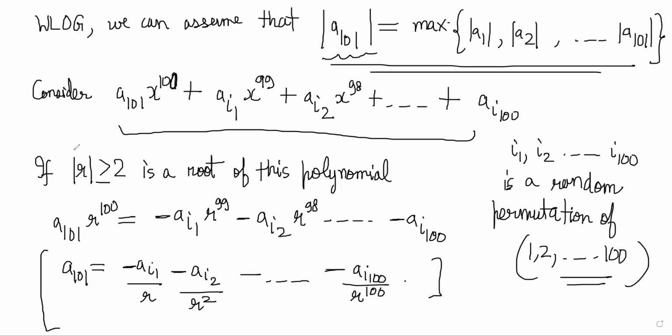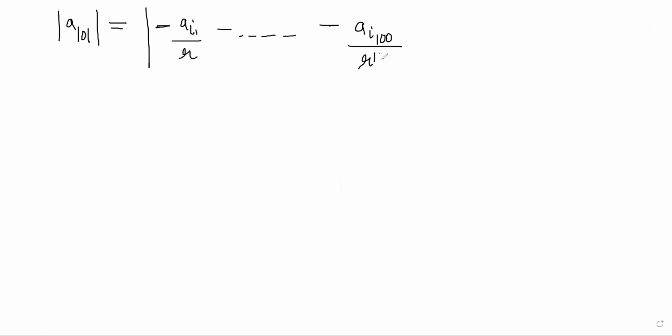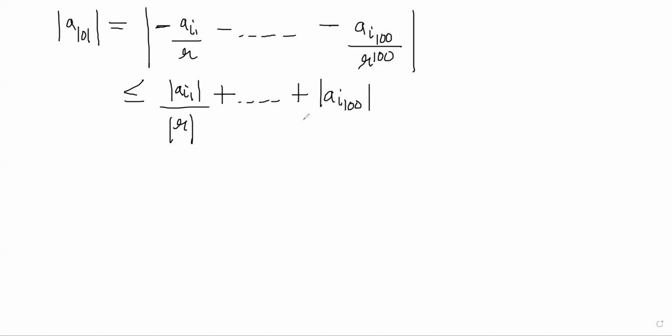We have made the assumption that mod r greater than or equal to 2 is a root of this polynomial. Let's see what we can do from here. We'll apply absolute value on both sides. We get a101 is equal to mod of negative ai1 by r and so on till ai100 by r power 100, and apply the triangle inequality. So this is less than or equal to mod of ai1 by r plus and so on plus mod of ai100 by r power 100.